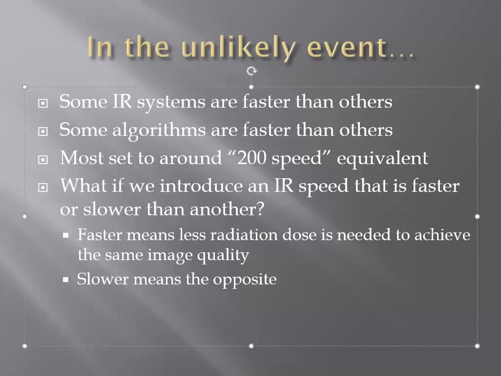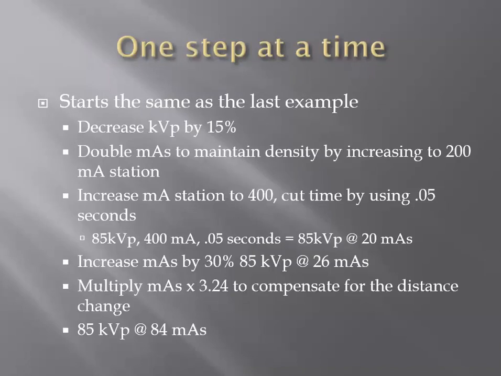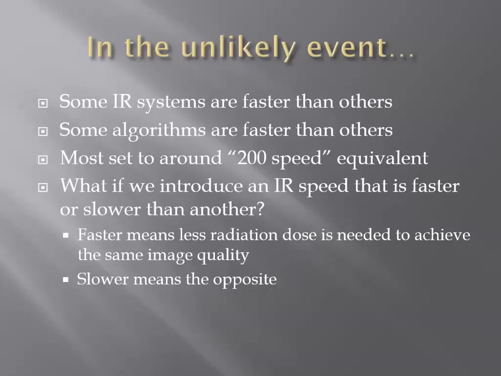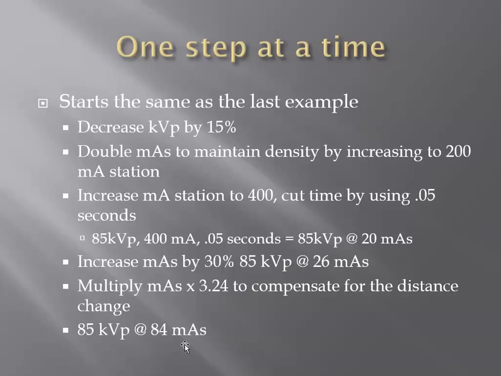Slower means the same thing. You need more radiation with a slower system than with a faster system. So if we had this same problem and we changed from a 200 speed system to a 400 speed system, then we would need half that mAs.